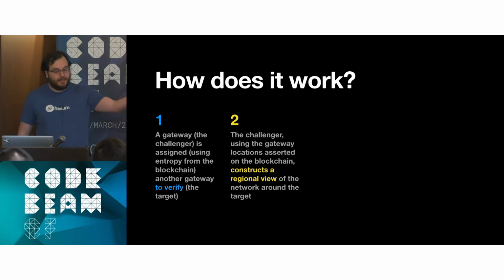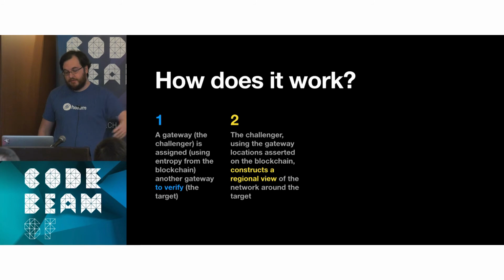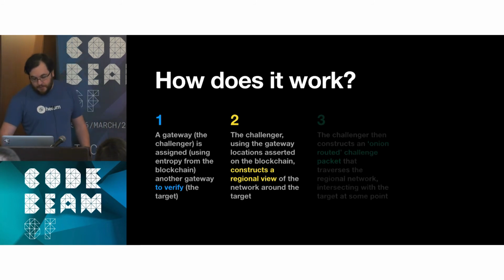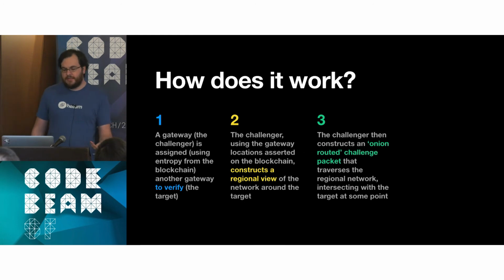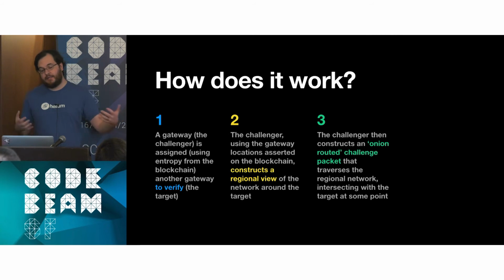And he says, okay, who's nearby that I can use to verify this target that I have? So he constructs a map of regional gateways. Then he figures out a path that intersects that target, and he constructs an onion packet like how Tor routing works, where you encrypt each layer of the onion packet with a key unique to one of the actors in the system.